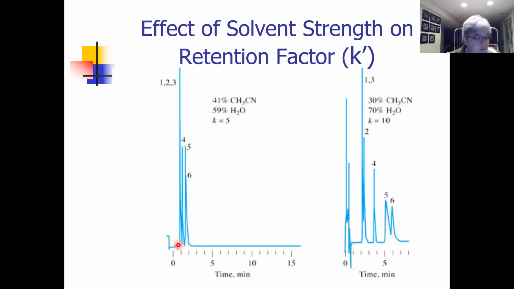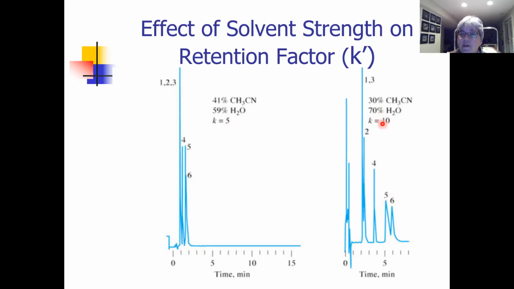All right, so here's a couple of examples. Notice here they did this separation with water and acetonitrile, and very poor resolution. Everything came out fast, but resolutions are terrible. And for this system, K is 5. So then they changed it to 30/70, and notice it's a better separation. It's still not good. We still don't have resolution of all the peaks.